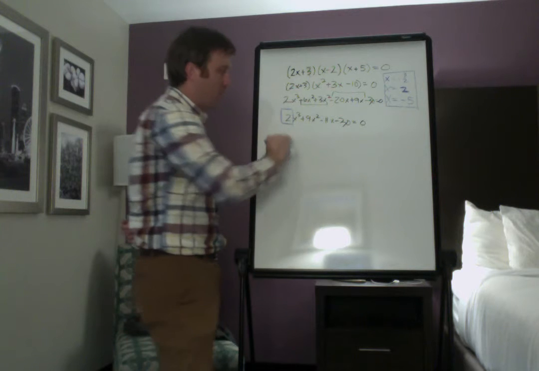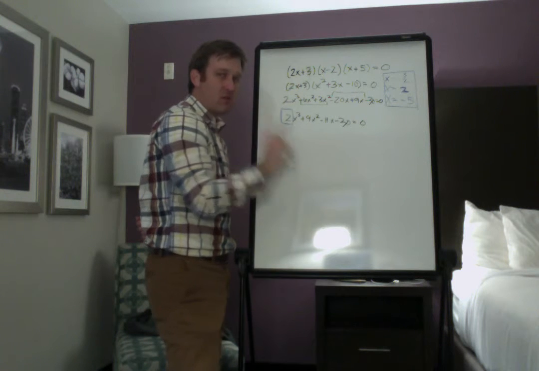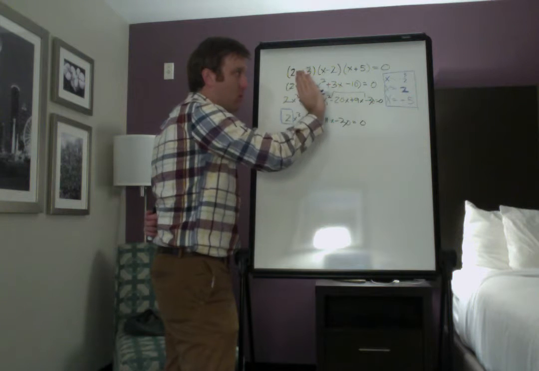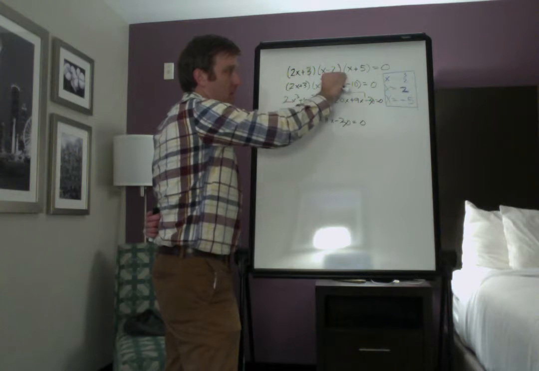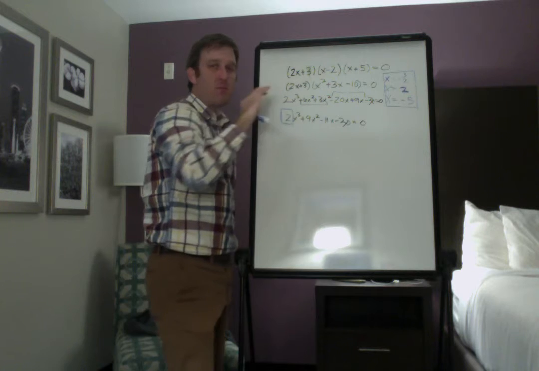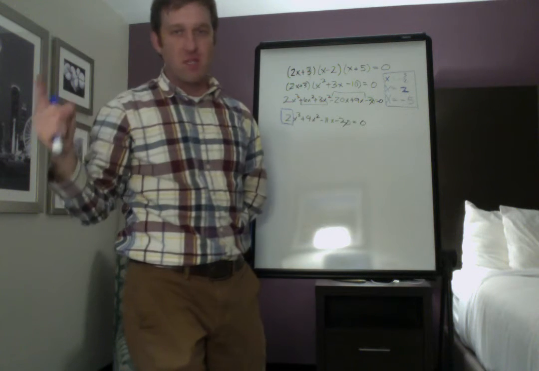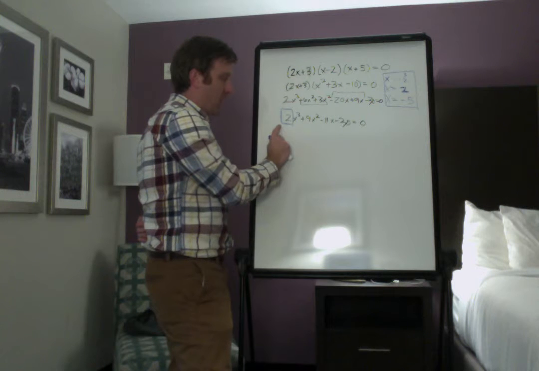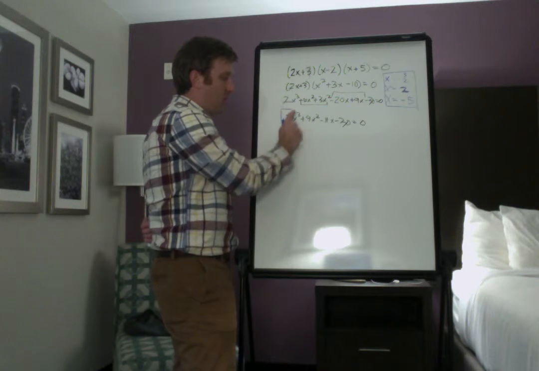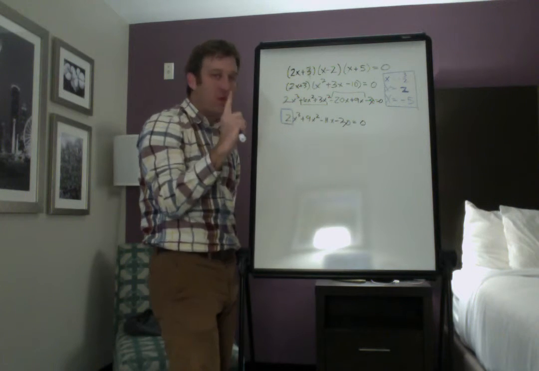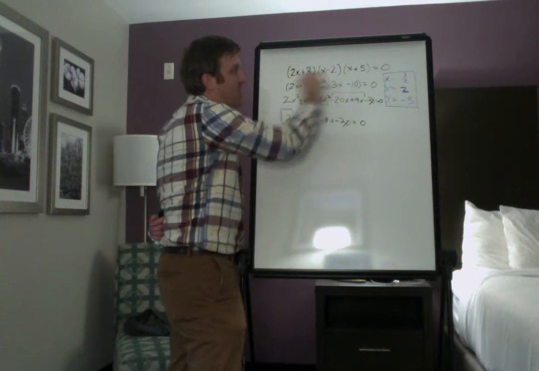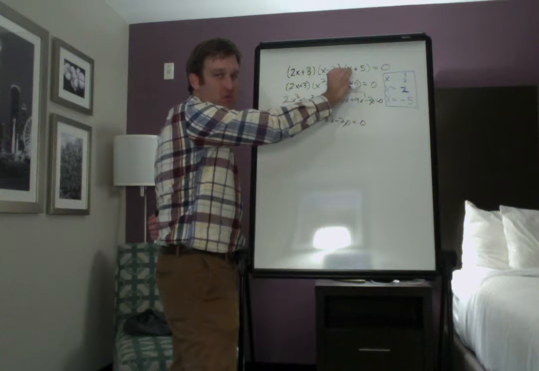So any polynomial can be factored into a bunch of binomials with x to the first degree, or a bunch of binomials with x to the first degree and a quadratic, which is more 7.2 stuff. Okay, but it's helpful to recognize that this leading coefficient has to be the product of these leading coefficients in the factorization of the polynomial.